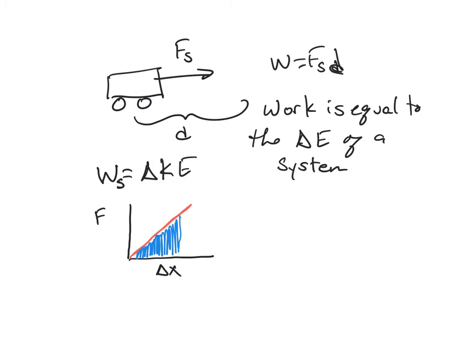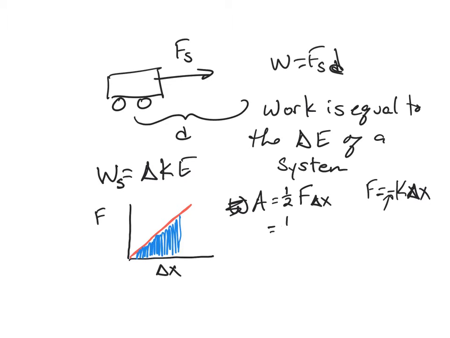So if we look at that, the area is equal to, well, here we have a triangle, so it's 1/2 base times height. So we'll say 1/2 F times delta X. We said previously that F is equal to negative k delta X. Let's not worry too much about the negative because that just tells us that the direction of the force is opposite the direction of the displacement or of the stretch.